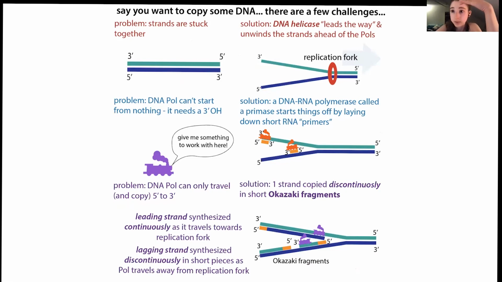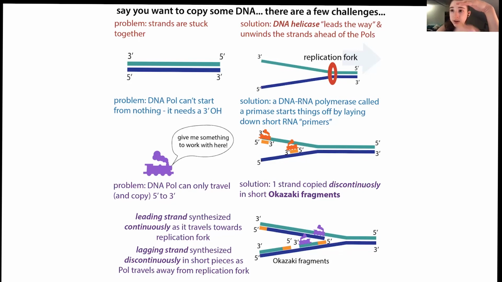So it can only go 5' to 3', but you have these two strands of DNA. And so one of them is moving in the right direction. I mean, they're both moving 5' to 3', but because the strands are anti-parallel, one of the strands is going to be moving in the direction of the growing replication fork. So if you think about a zipper unzipping, one of them is moving with the zipper and the other has to copy the other strand.